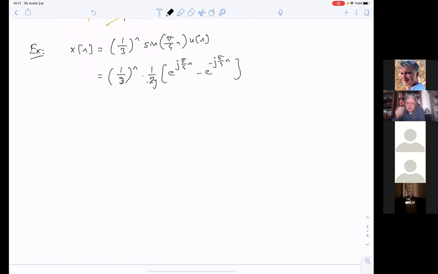Now, you may think that one of them is 1/3 to the power n, the other one is e to the n, or e to the j pi over 4 n, but e to the j pi over 4 itself is just a number. It's like a.